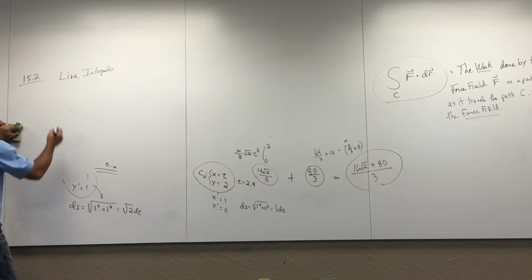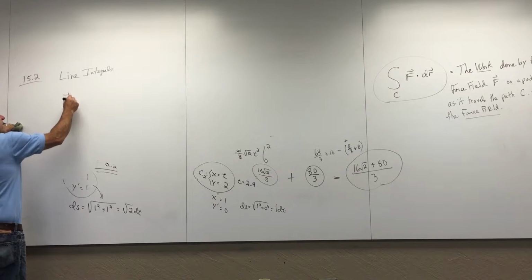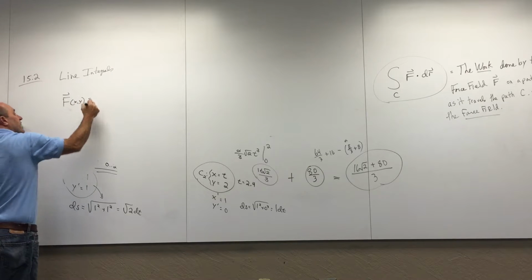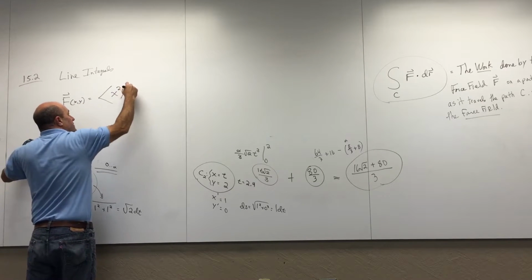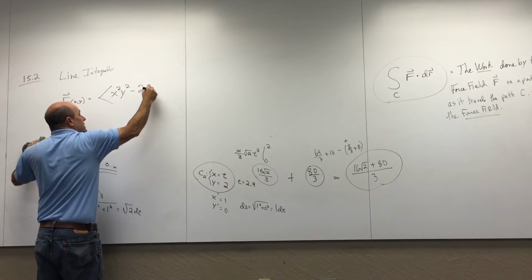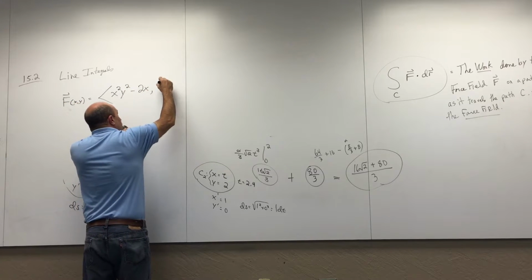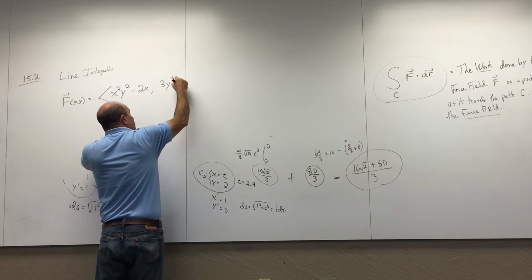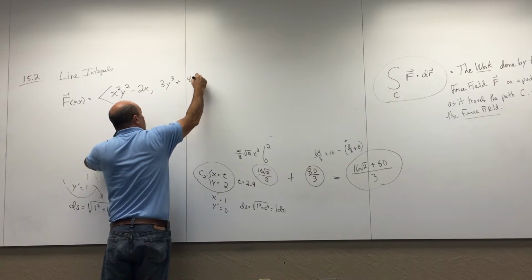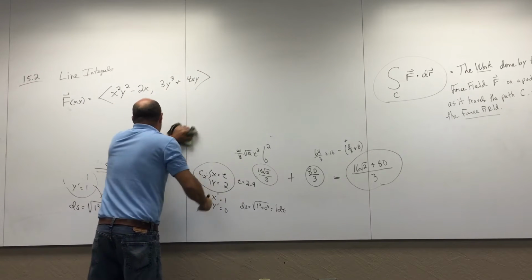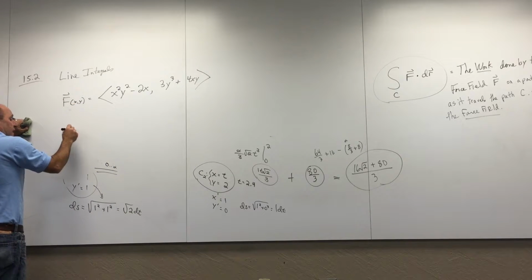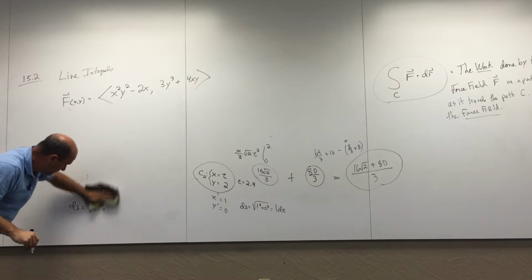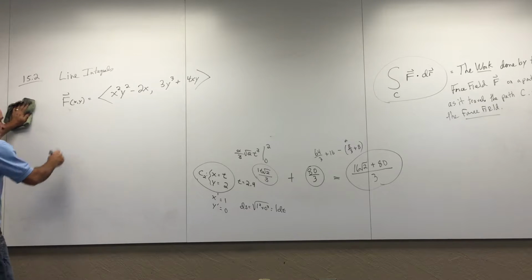To do one of those problems, I got to give you a vector field, okay? I think I'll give you a vector field here. I'm making this up, so this could be weird. x squared y squared minus 2x, comma, 3y cubed plus 4xy. Oh boy. And now I need to give you a curve. I need to say that I'm working on this curve.